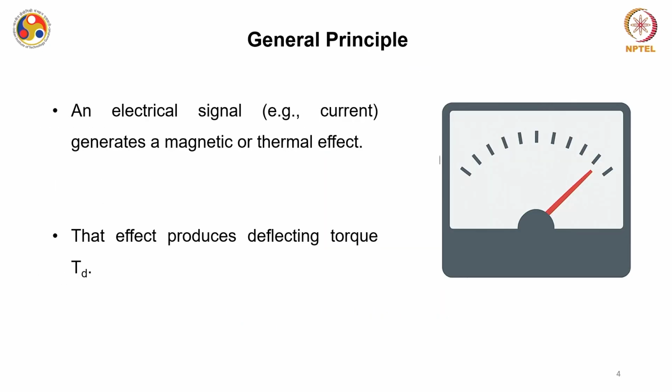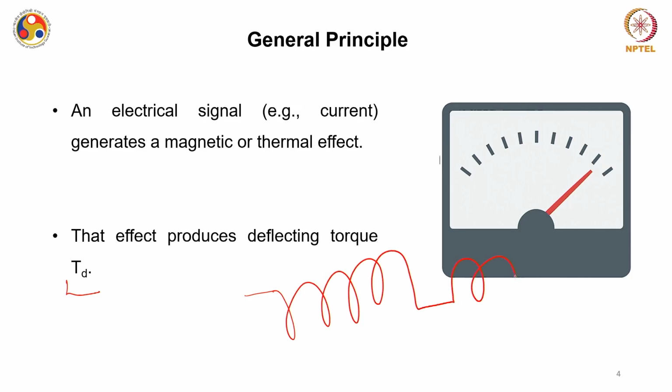Fine. So, an electric signal, for example current, generates a magnetic, electromagnetic or thermal effect, and in turn it produces a deflecting torque, say I am calling it Td. What I mean to say is that say I have an arrangement of two coils.